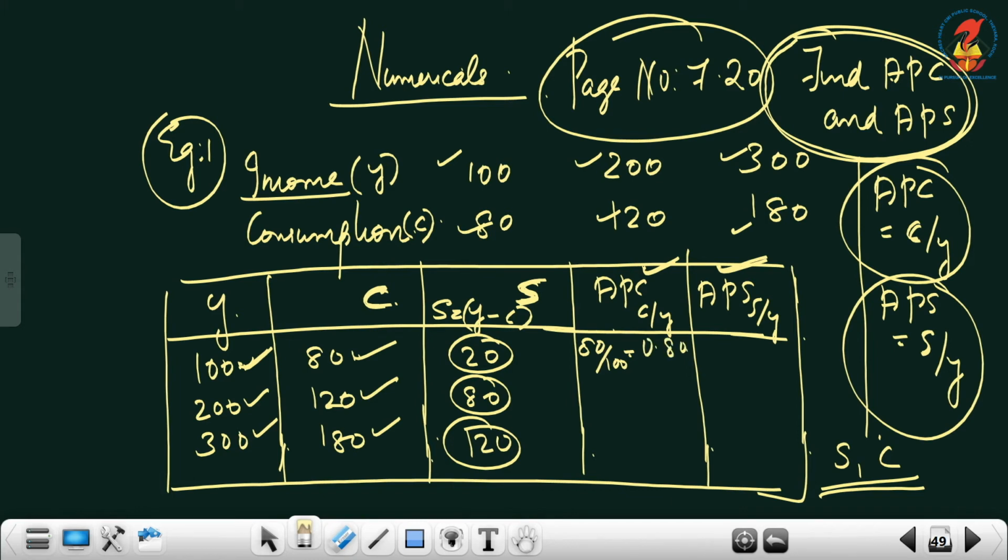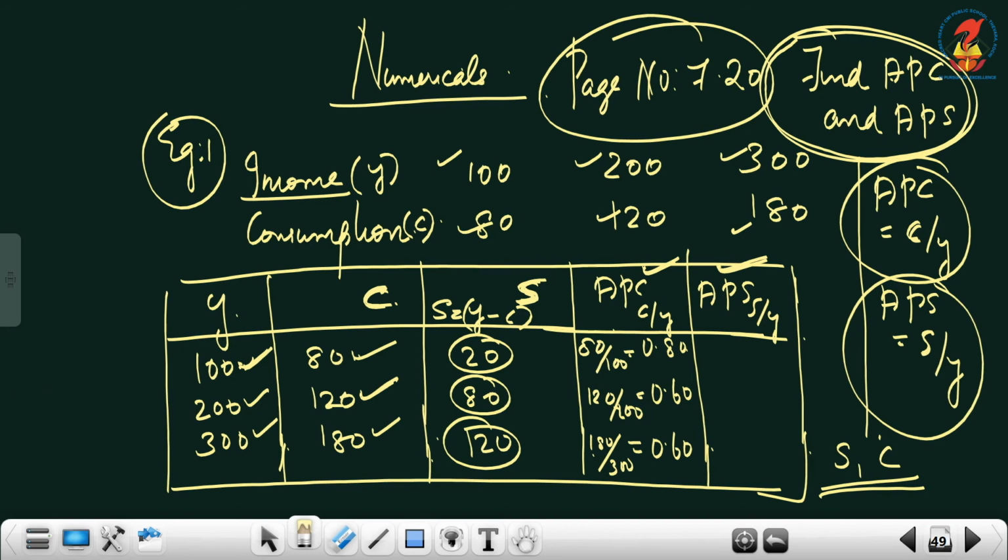Next, 120 divided by 200, and then 180 divided by 300. 120 divided by 200 is 0.60, and 180 by 300 is also equal to 0.60.